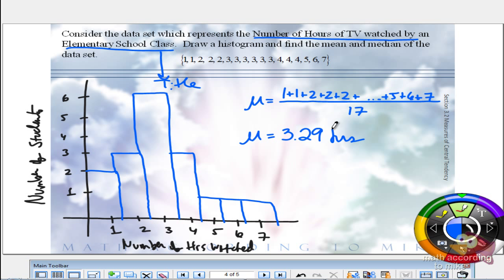All right. As for the median, we have 17 values, which means we will have a median right from the set. So we're going to go in by 9 from either end. So which one is the 9th one? 3. 1, 2, 3, 4, 5, 6, 7, 8, 9. This 3.